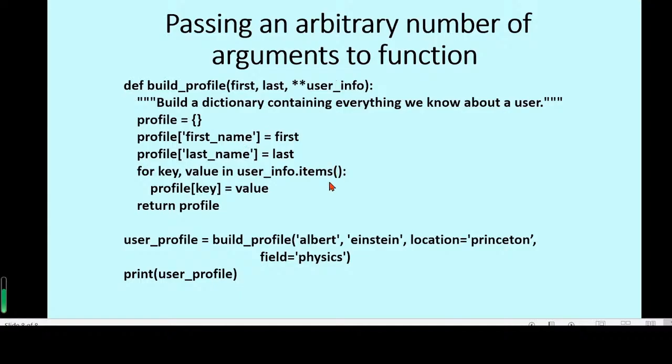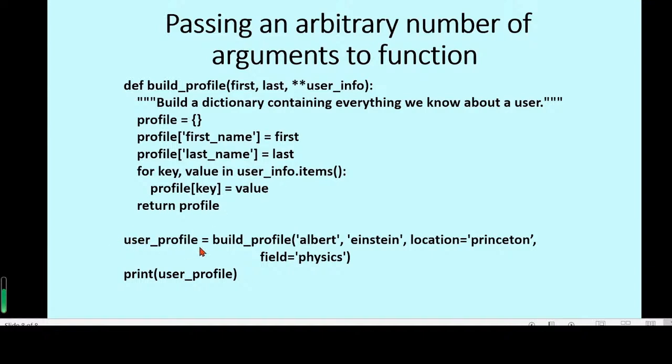So this for loop will use this dictionary and put these key value pairs in the dictionary profile. Then in the end, the function returns this profile, the dictionary, which includes all the key value pairs from first name, last name, and user_info.